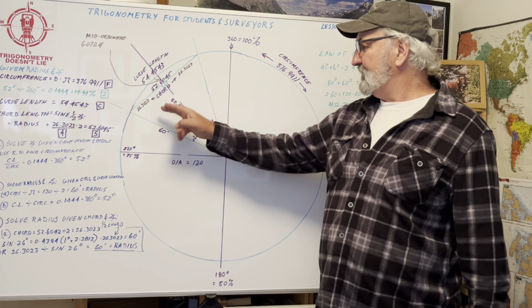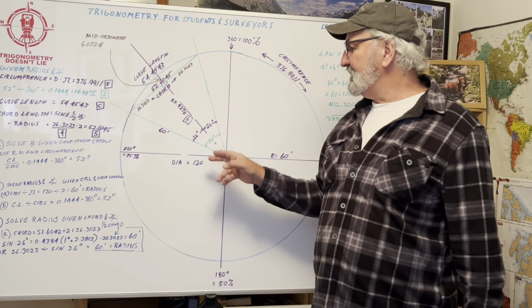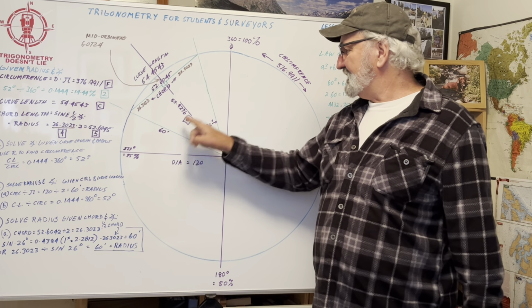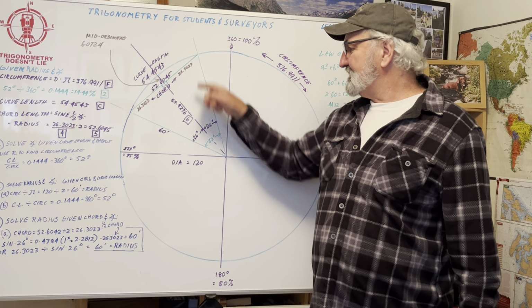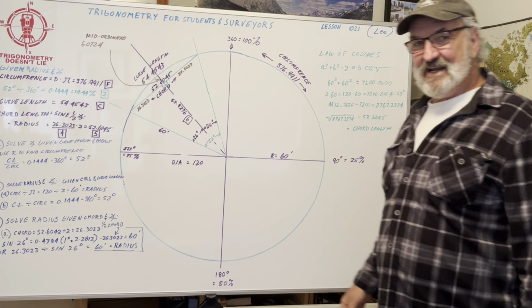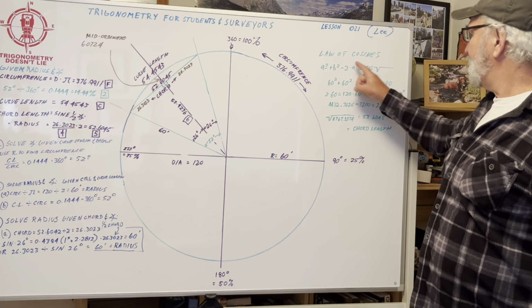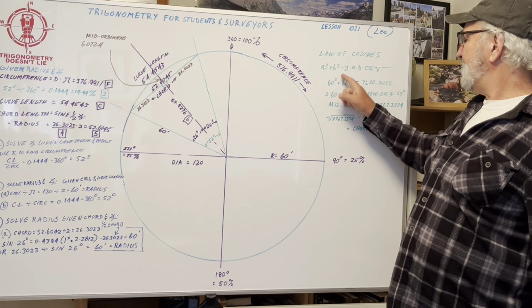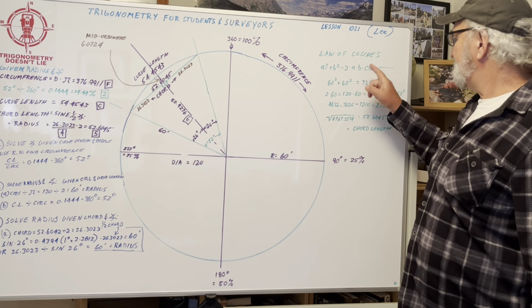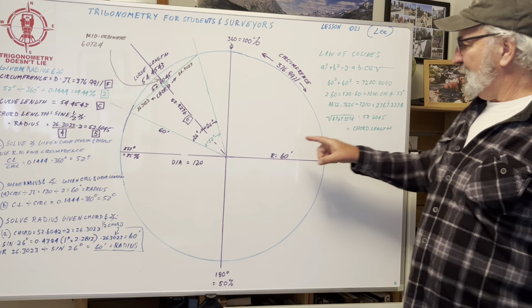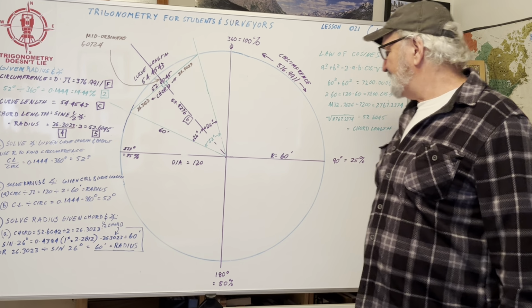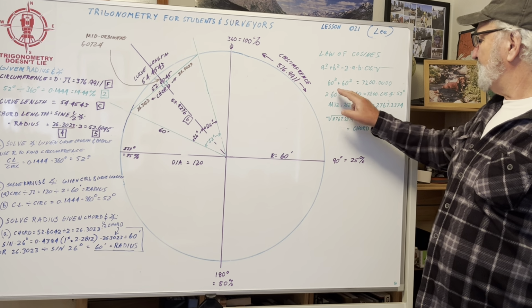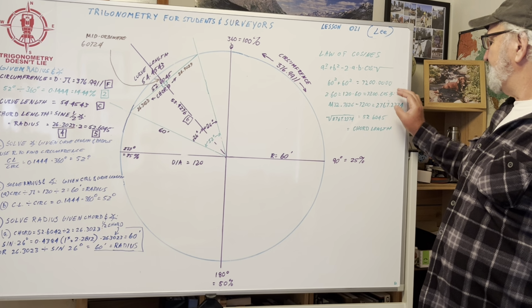You can solve a non-right triangle, an oblique triangle, this way, but the fact that the radiuses are both 60 makes it a little bit easier. So the law of cosines is a squared plus b squared minus 2 times a times b times the cosine of the angle. The angle's 52. And so 60 squared plus 60 squared equals 7,200.